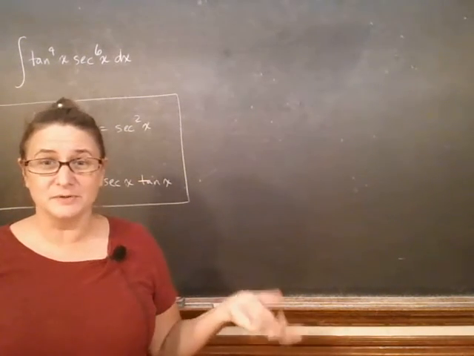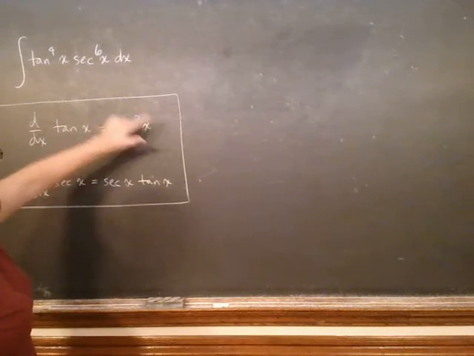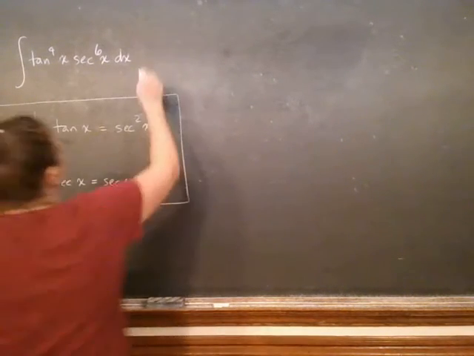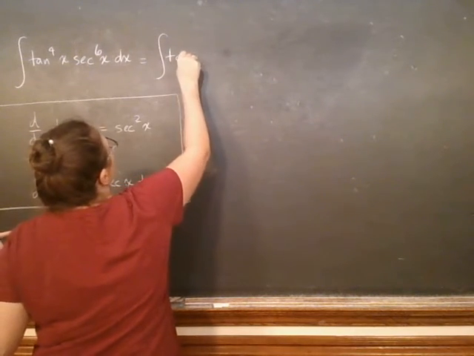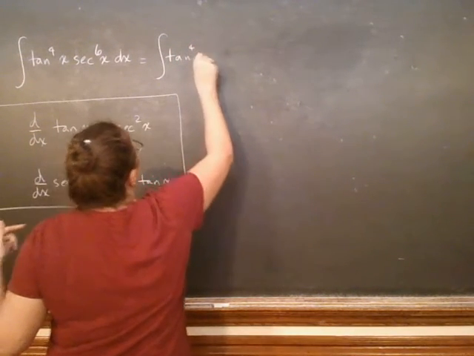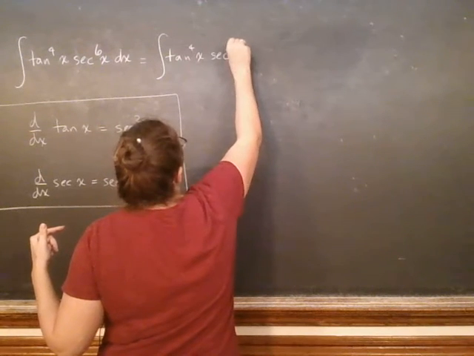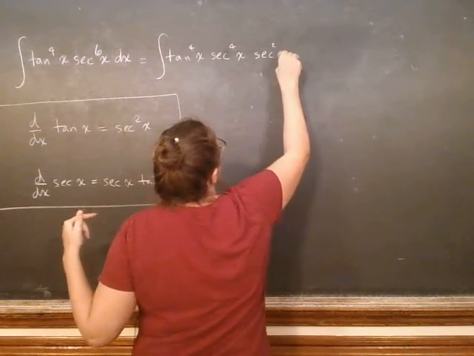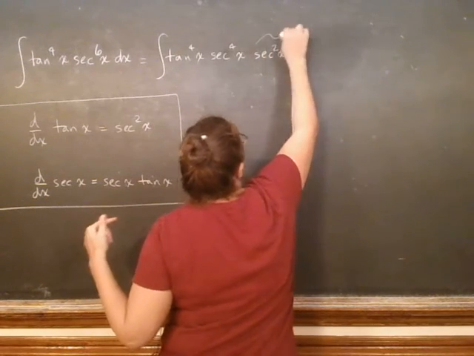I still want to do a u substitution the same way, right? I want to make u be my secant squared, but now I have more than secant squared there. What I have here is secant to the 6th. So what I'm going to do is pull off secant squared and keep that for my du.